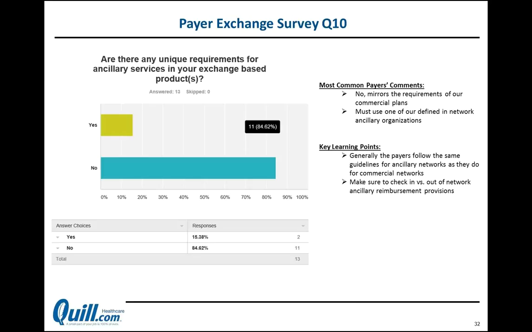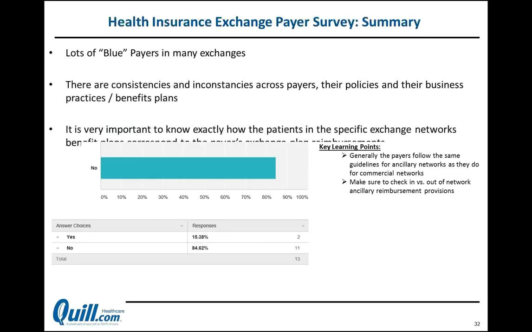The caution here, and this is sometimes problematic for practices that are looking to grow their ancillary services, is that we have urologists, for example, that do IMRT and MRI and so forth, or labs. If a payer has a third-party agreement with an ancillary provider that requires use of that ancillary provider, then you can have a large number of claims and a large number of write-offs as a result of those claims for ancillary services.